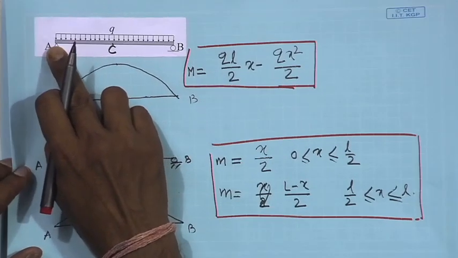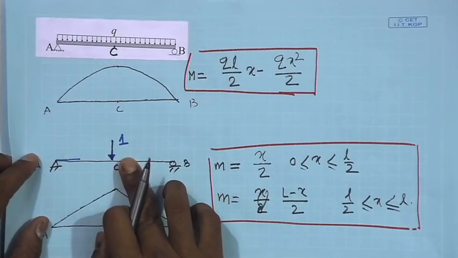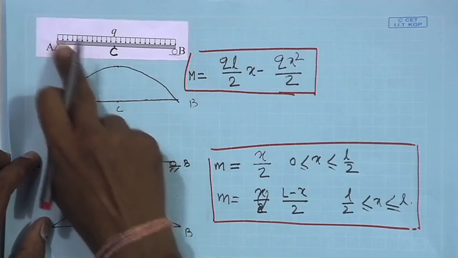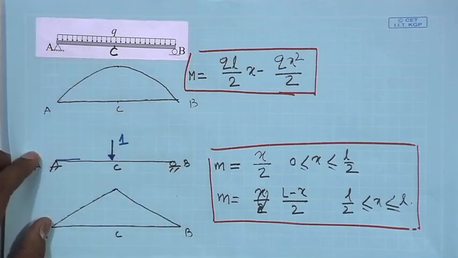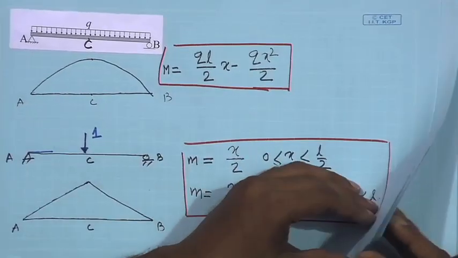Now, we need to find out the rotation theta at A. So, for vertical displacement we applied the unit load, but now for rotation we need to apply a unit moment, right. So, let us do that.